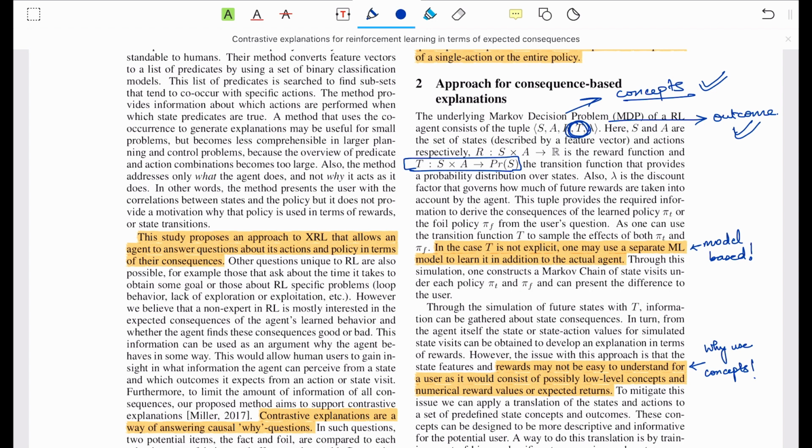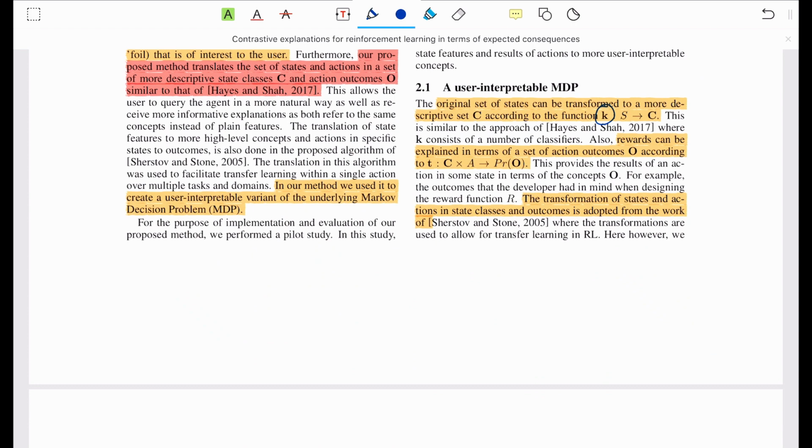But now what we have done in our user interpretable MDP is that we have replaced this S with a list of concepts that are true in that state. And therefore, we also need to change this transition function. Therefore, we get this new transition function, which is given by small t and is based on the concepts and gives out the probability of some other concepts that are supposed to be true.